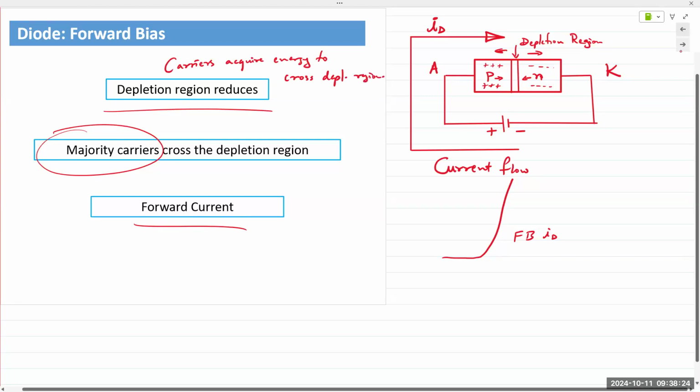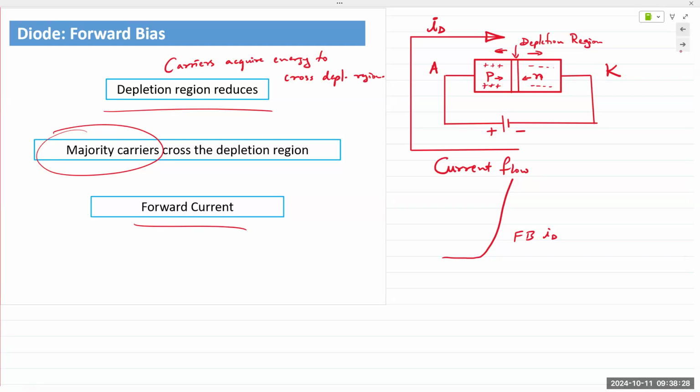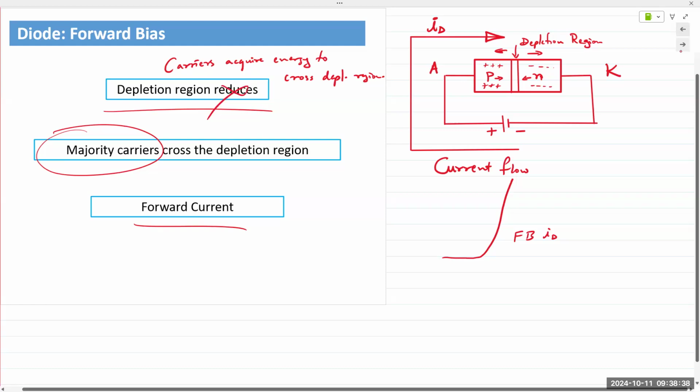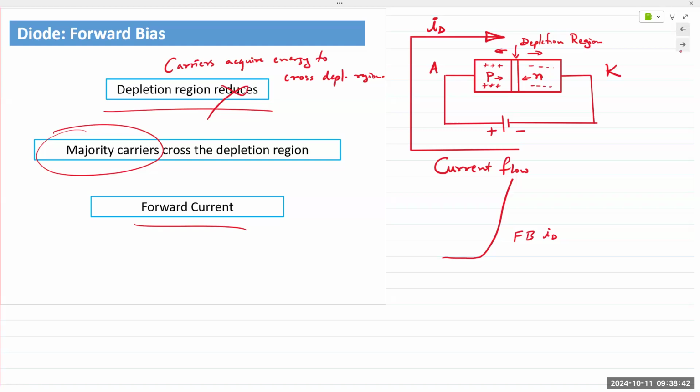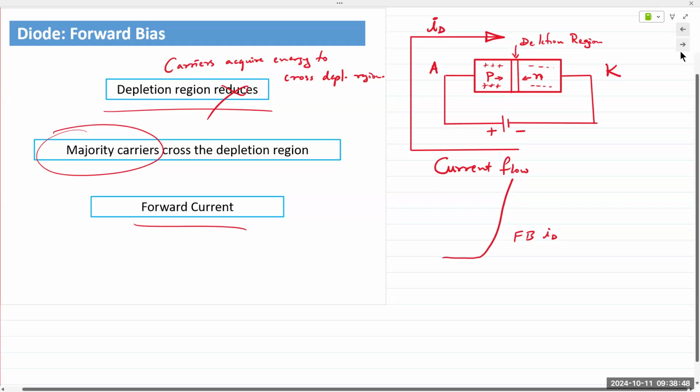Should probably change that. Yes, the effect is that, of course, it reduces, but we do have to provide 0.6 or 0.7 volts to overcome the depletion region width. So let me cross that out. The 2 arrows, those are not supposed to be there either.